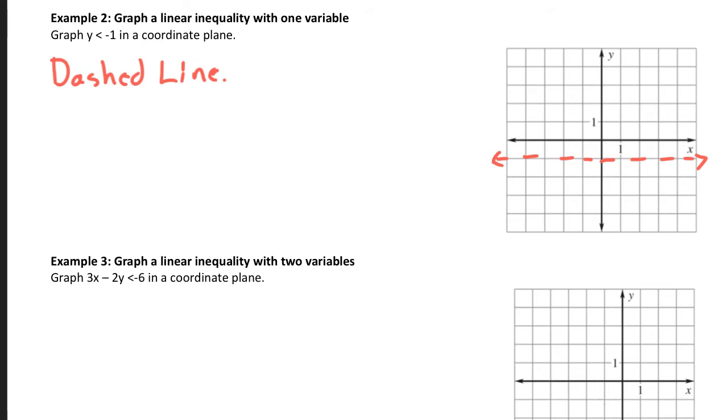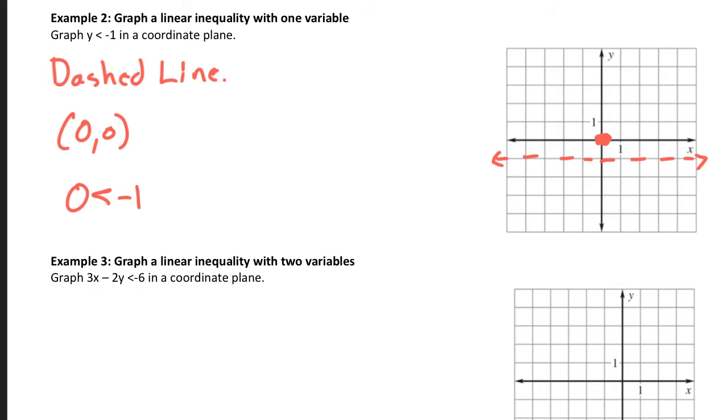And I'm going to pick just any point not on my line. So let's just pick a point like 0, 0. And I'm going to ask myself, the y value of 0, 0, I would substitute in, which is 0.